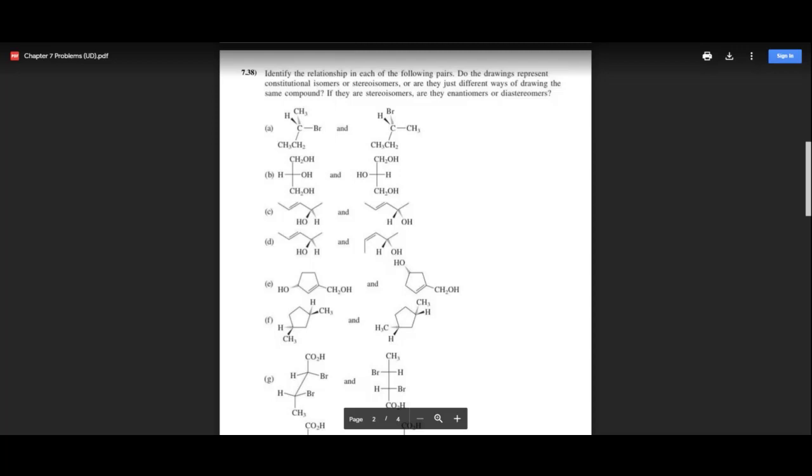Yeah. The OH on the right is 2 carbons away from the double bond on either side. So are the atoms connected in the same places? No. So that molecule does not have the same connectivity. In many ways it looks very similar, but it does not have the same connectivity, and therefore it is a constitutional isomer.